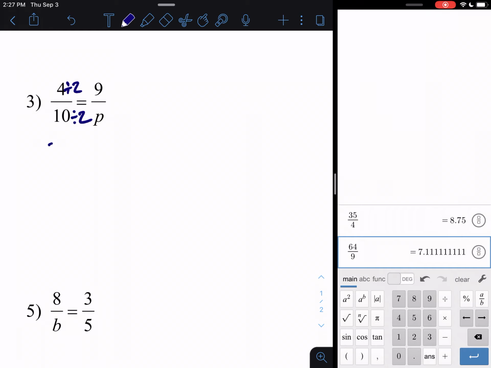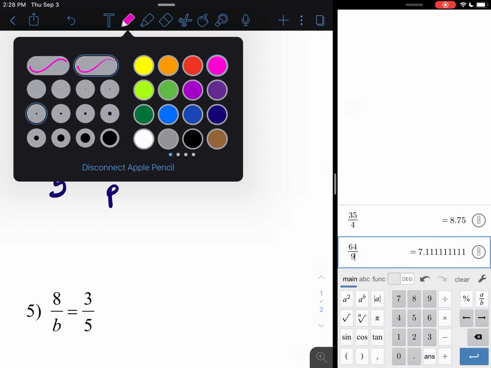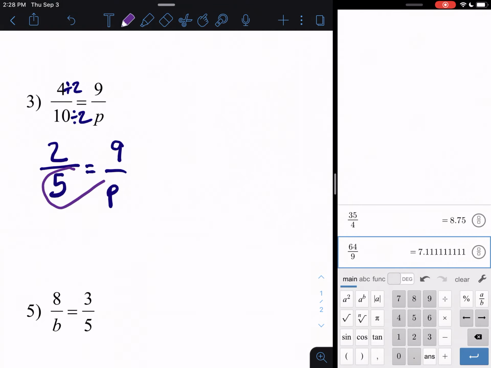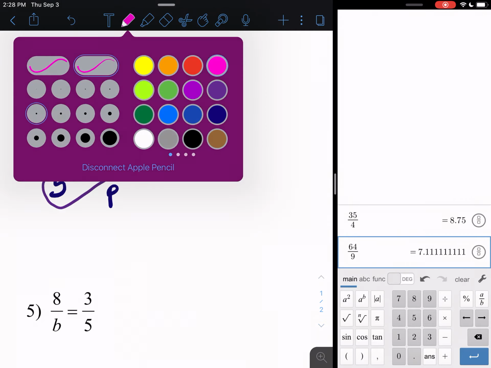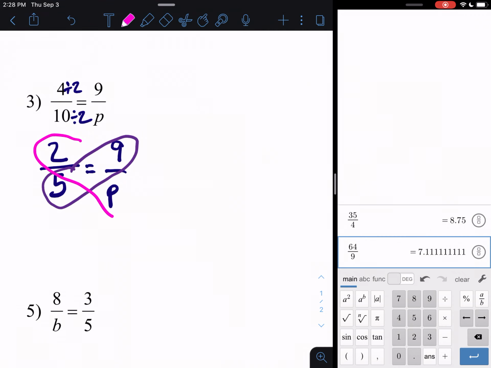So then 4 divided by 2 is 2, over 10 divided by 2 is 5, equals 9 over P. Now, unfortunately, there was not that multiplicative relationship from 4 to 9, so I still have to do my cross product. So I'm going to circle, I do purple first, sorry, 5 and 9, and then 2 and P, and then I'm going to multiply what I circled.